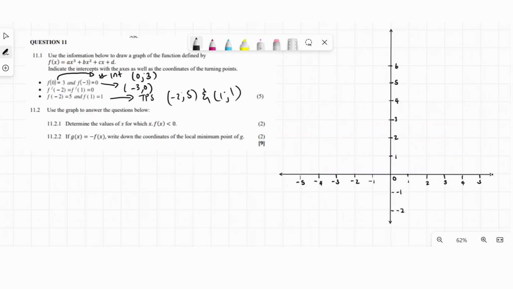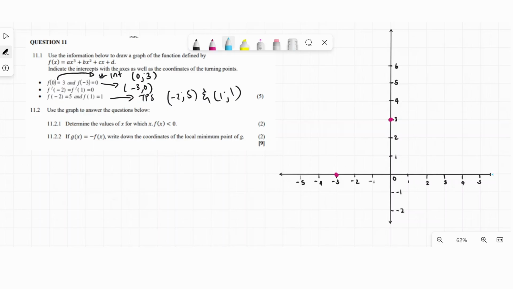So let's do that. Having the Cartesian plane, let's first put the x and y intercepts. The first one is (0, 3), which represents the y-intercept, so it's going to be here in pink. The other one is (-3, 0), which is the x-intercept, so it's going to be here. Now in another color, let me put the turning points.